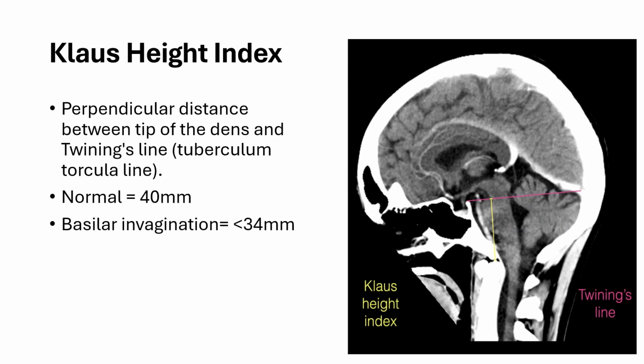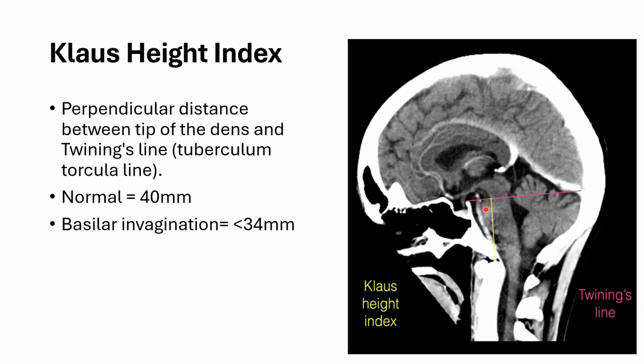Now another is the Clark's height index. As we can see in this image, it is the perpendicular distance between the tip of the dens and the twining line. So let's know what is the twining line. It is the tuberculum torcular line, the line drawn from the tuberculum to the torcula herophili.